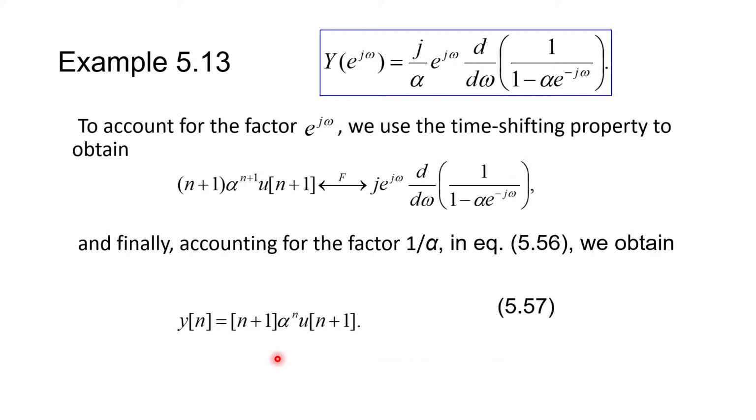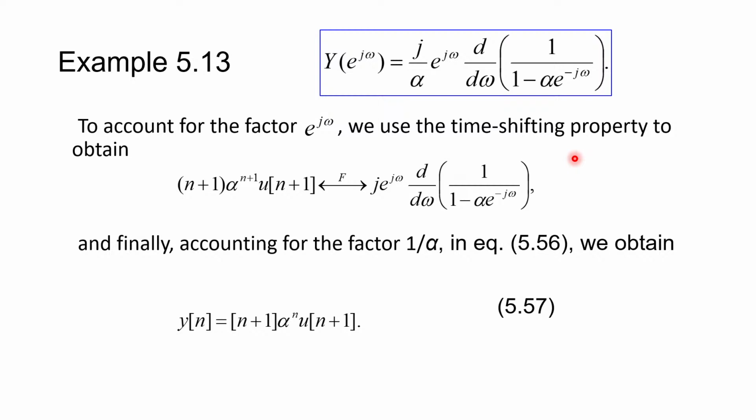So we get a time shift of -1 here, because when you get n to n minus n naught, then you will get e to the minus j omega n naught. So pick n naught equal to -1, so actually n to n plus 1 here, then we get e to the j omega here.